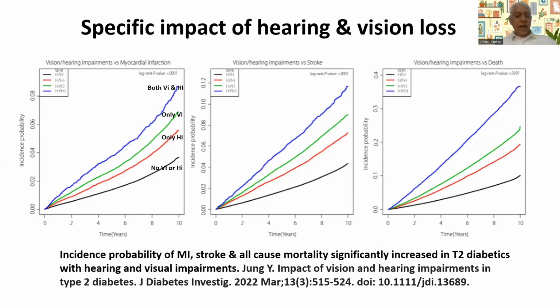You will find that the incidence probability of myocardial infarction, stroke, and all-cause mortality is highest in the next 10 years in patients who have both vision and hearing impairment, and it is the least in patients who do not have any of these impairments.